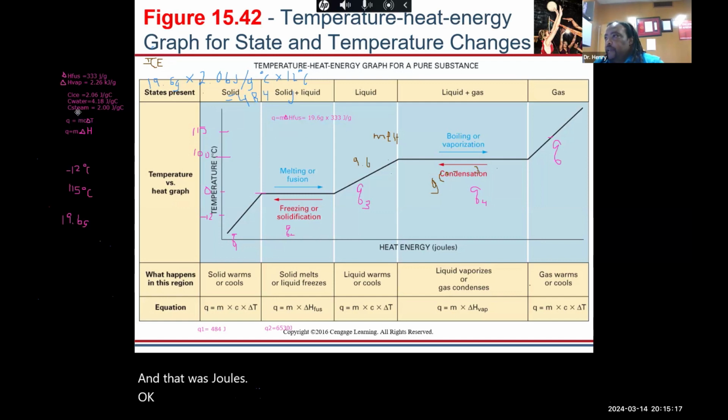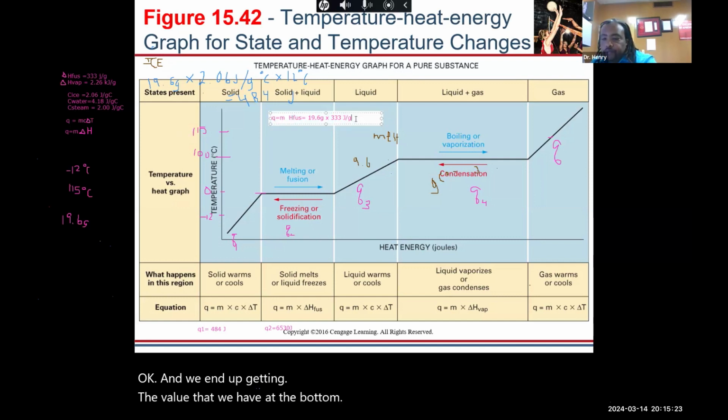And we end up getting the value that we have at the bottom, equal to 6,530 joules.